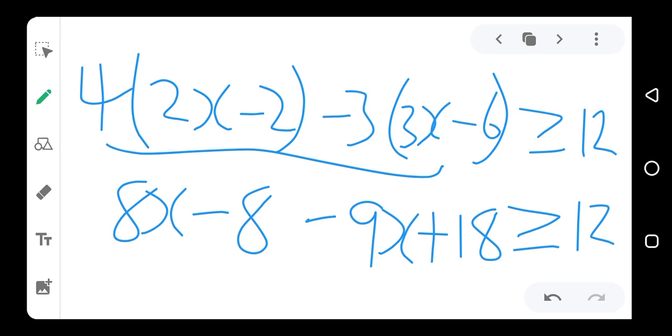This one is negative here, so it becomes plus if you go to the other side.